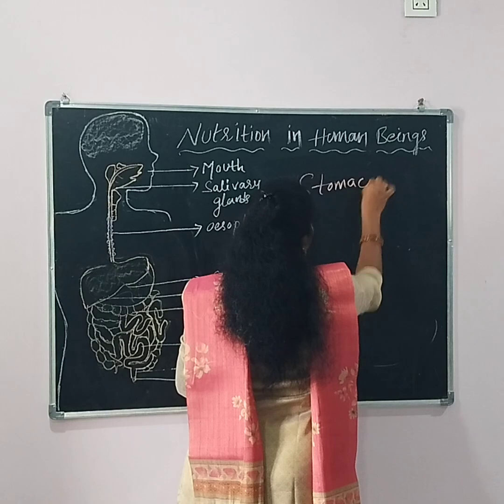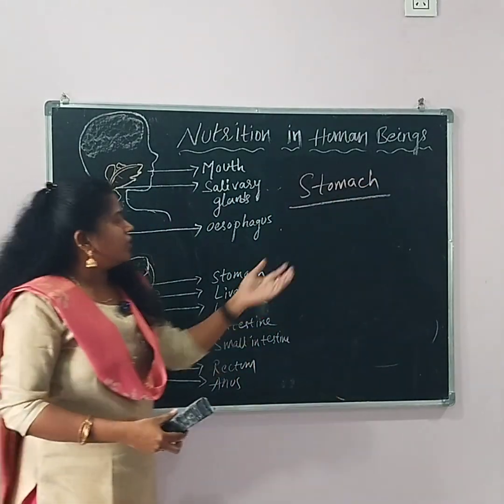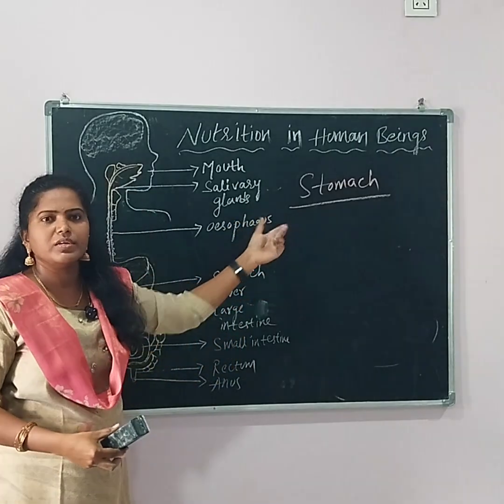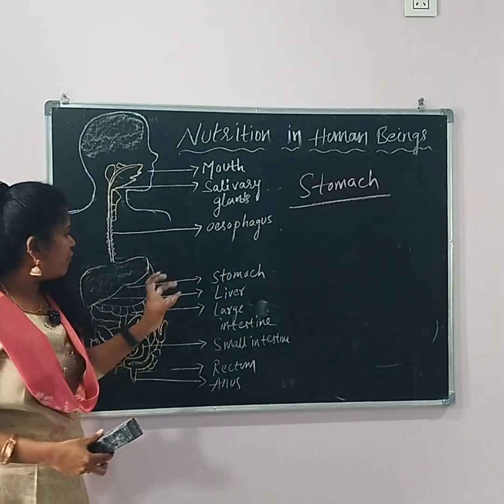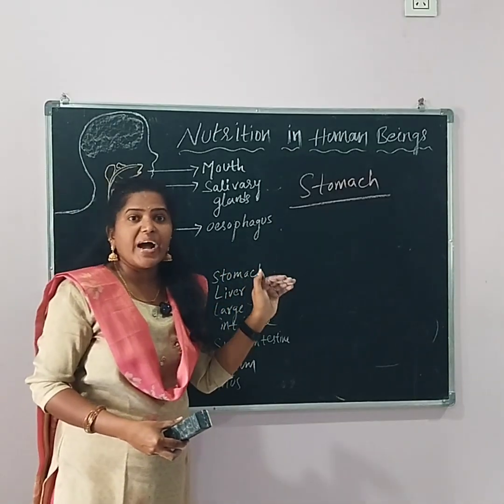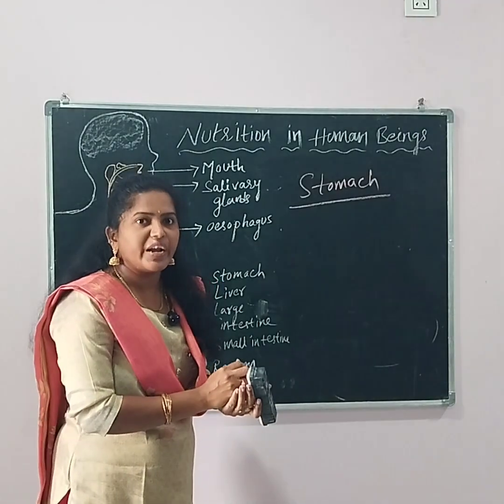Stomach. And here, we people think that the food is completely digested in the stomach, but not so. The food is not completely digested in the stomach, it is partially digested, semi-solid in condition.